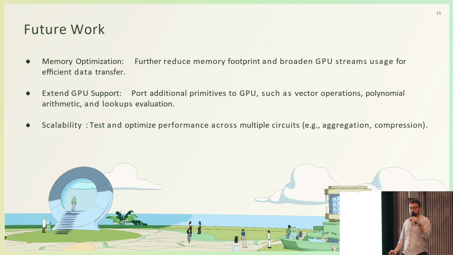Of course, we want to extend GPU support to different primitives, mainly polynomial arithmetic, vector operations over GPU, and also use similar techniques to tackle another problem, which is lookup evaluations. And of course, we don't want to target only SuperCircuit, but also other circuits like the aggregation circuit, compression, and so on.